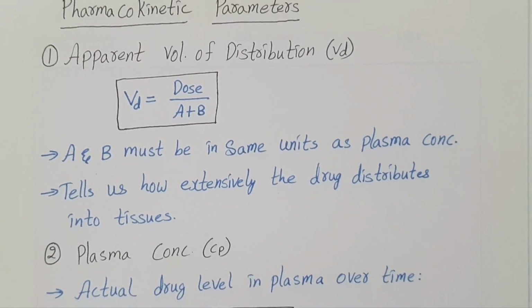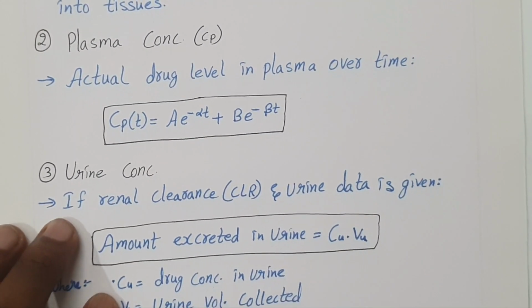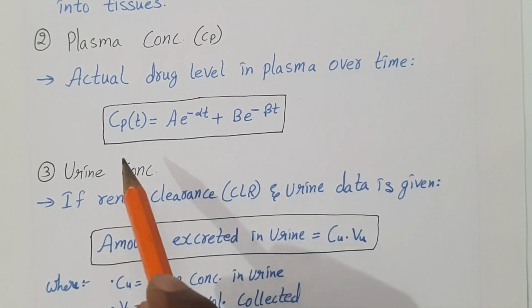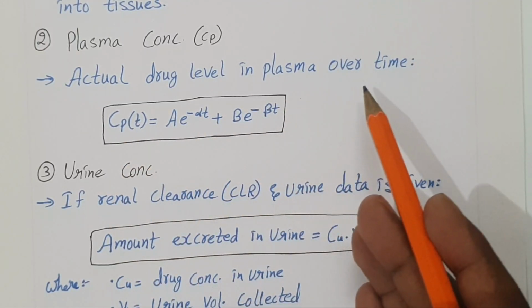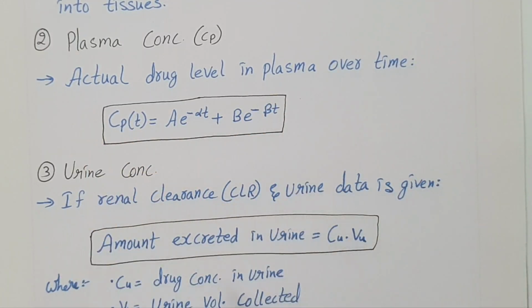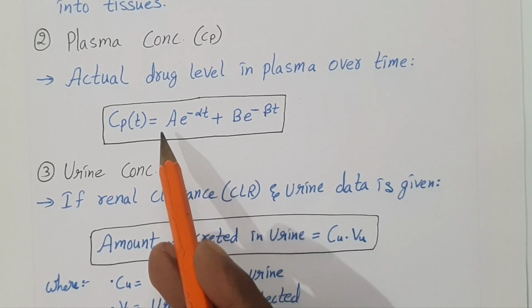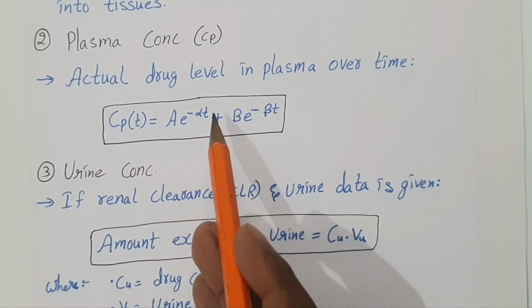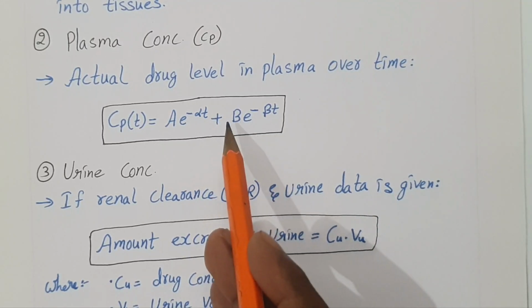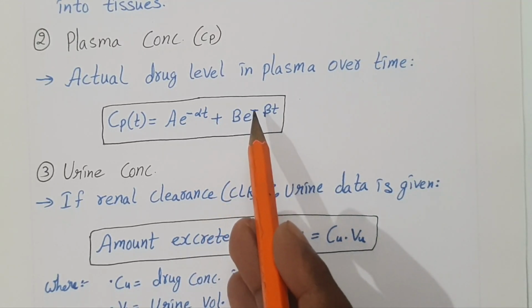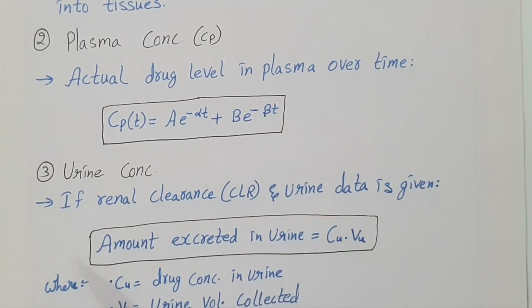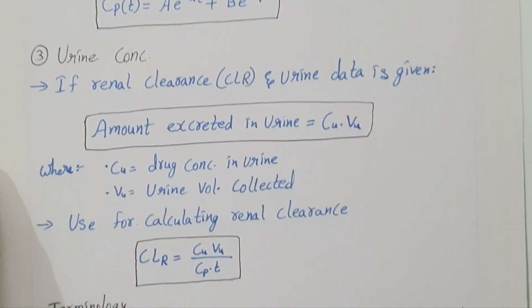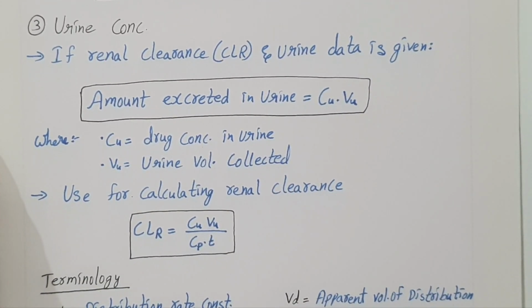Then we have the plasma concentration. Actual drug levels in plasma over time we can calculate by this formula: A e^(-alpha t) plus B e^(-beta t). Third, we can calculate urine concentration.